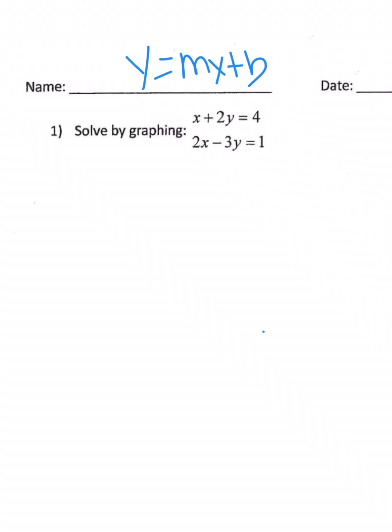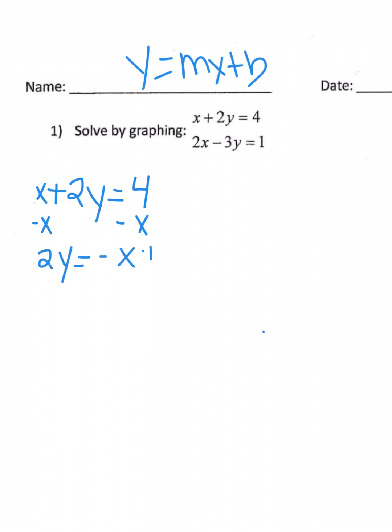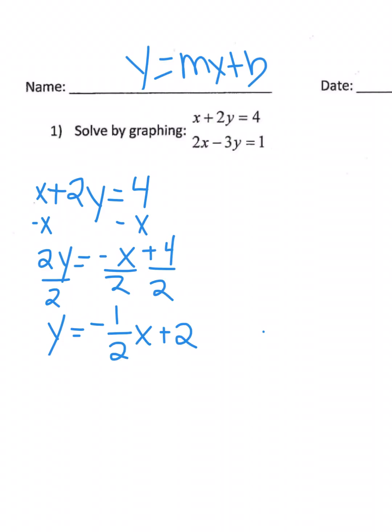All right, so to do that, first let's move this x term over to the other side. And then I notice my y is still not by itself, so I'm going to divide everything by 2. And I'm going to do the same thing to the other equation.